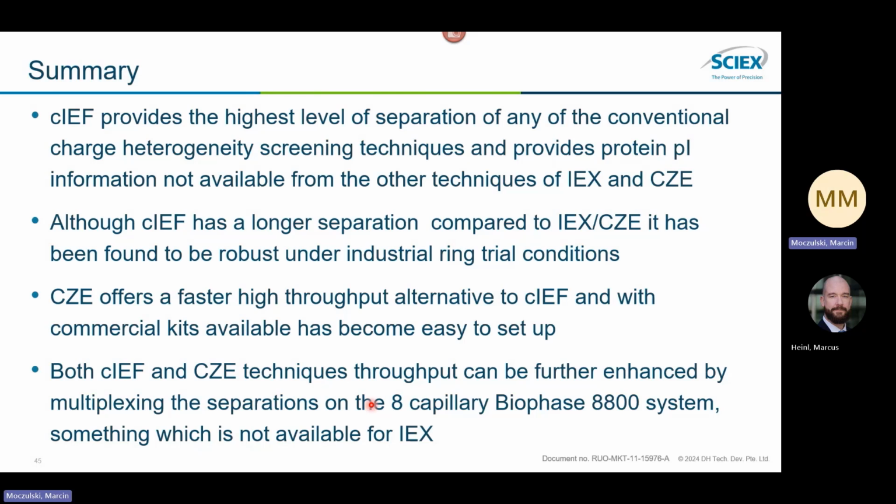However, the capillary zone electrophoresis technique is much faster and increases the throughput of the method. It could be an alternative to cIEF, and it is available as a commercial kit, easy to use, with very fast separation. Both techniques, isoelectrofocusing and capillary zone electrophoresis, can be further enhanced by multiplexing the separations on the new 8-capillary BioPhase 8800 system, something which is still not available for ion exchange chromatography.